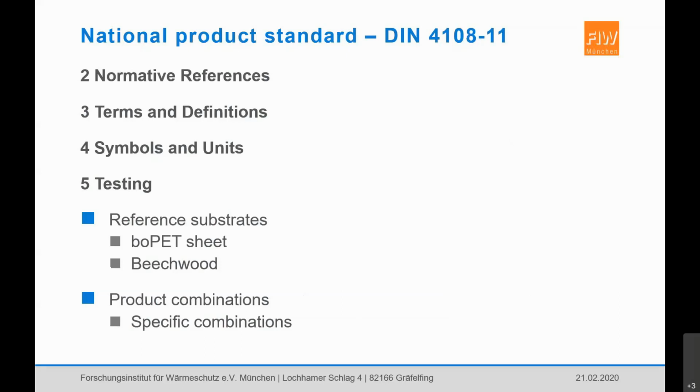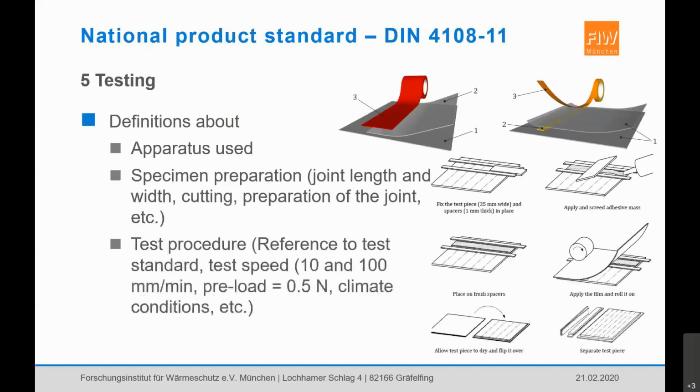The other option is to test product combinations. This gives the possibility to test specific combinations if a manufacturer develops specific products for a certain limited range of materials, but then test results are only valid for the tested combination.